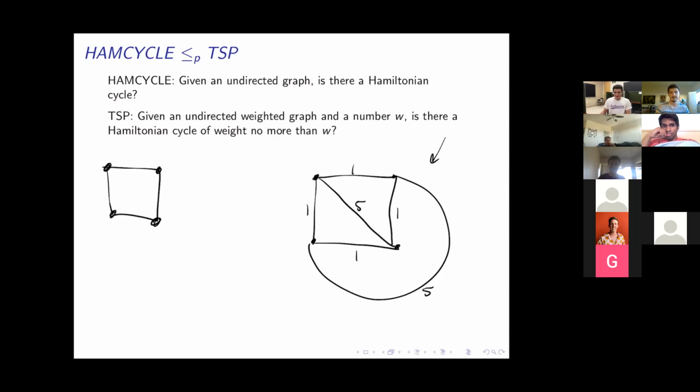Well, that happens exactly when there's a complete Hamiltonian cycle in this one, because each of the Hamiltonian cycle edges will contribute a weight of 1. And since all the other ones have weight already bigger than the target weight, you can't take any of them. So this is a very quick reduction of Ham cycle to the traveling salesman problem.